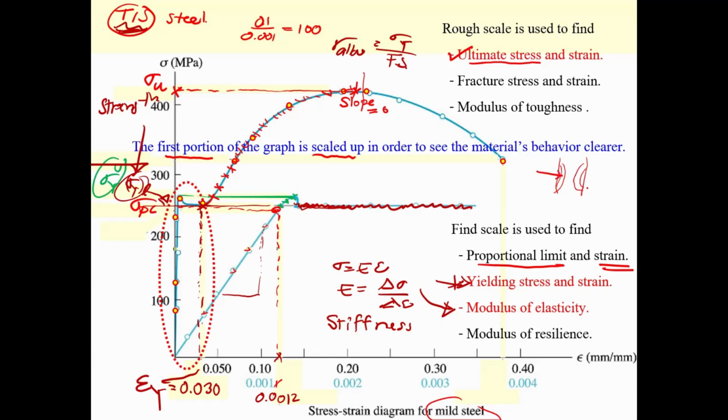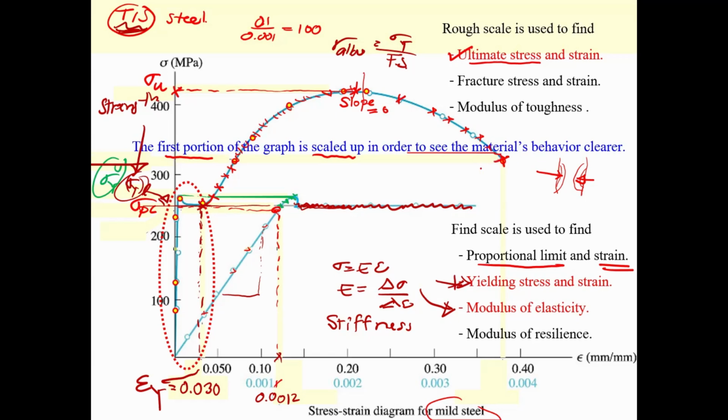The area over here will be reduced. And then the material can resist less force. And then the curve starts to go downward with a negative slope. Okay, that's the point reached over here.